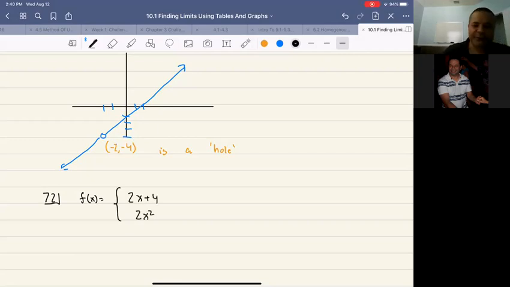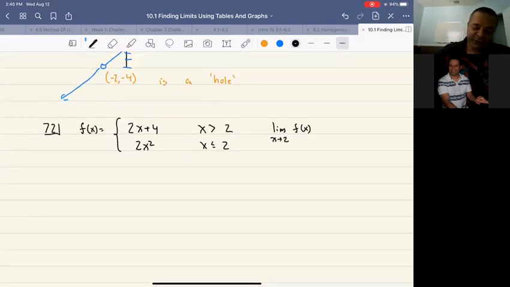So it's 2x plus 4 if x is greater than 2, and 2x squared if x is less than or equal to 2. And we're going to find the limit as x approaches 2 of f of x.